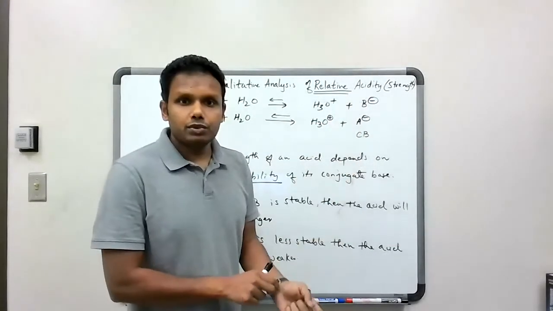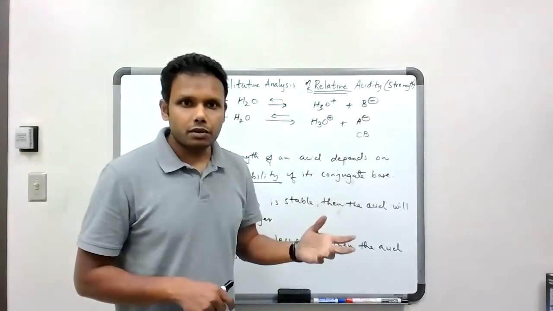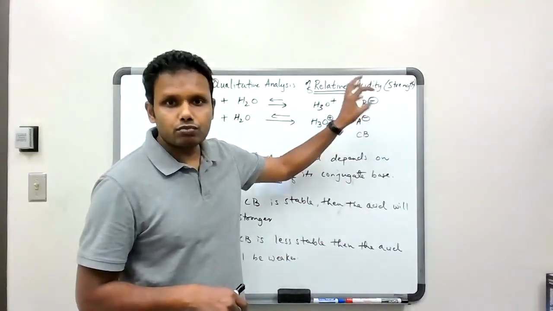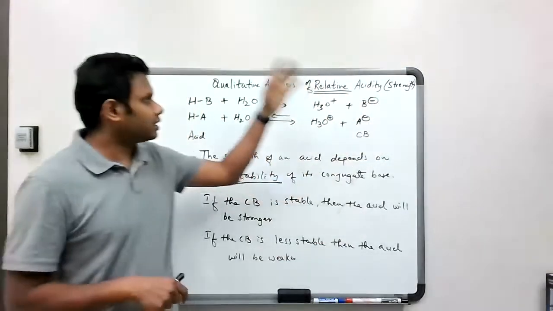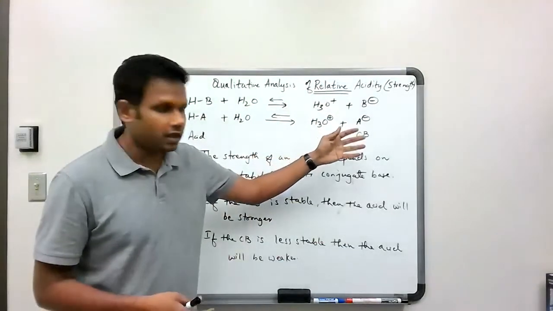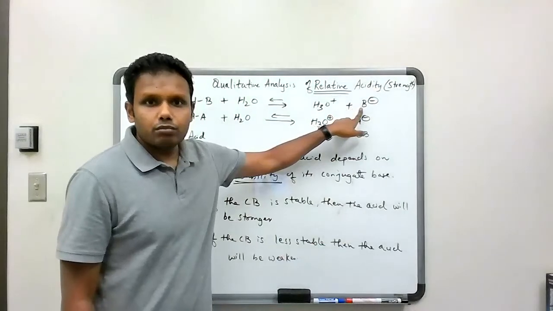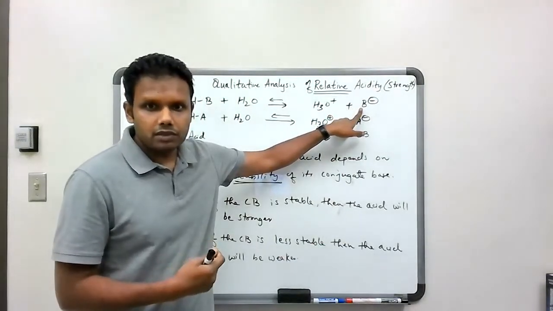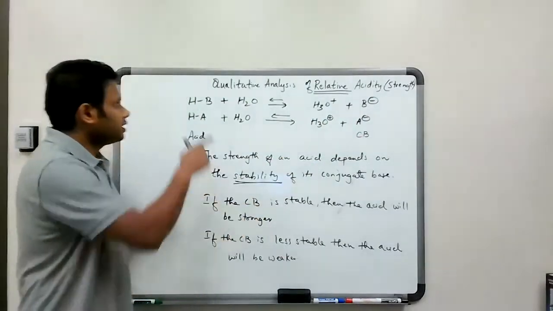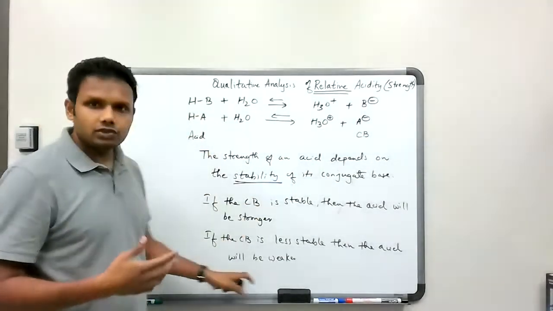My job is to evaluate which of these is more stable, and that tells me which is the stronger acid. So in this case, if my analysis says that B minus is a more stable conjugate base than A minus, that would mean HB is a stronger acid compared to HA.